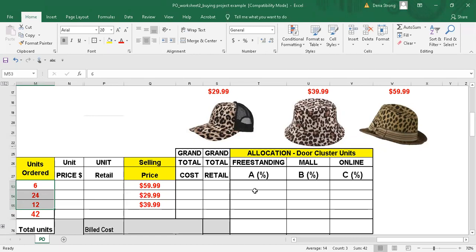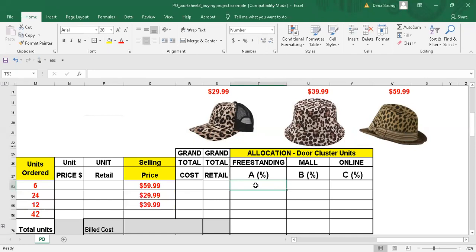We already know door A of our store clusters. This is a freestanding store, and this store's demographic is a high-end trendy customer, but this store doesn't do a high volume in sales.